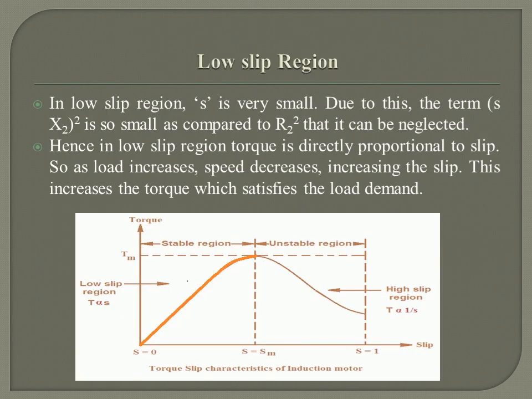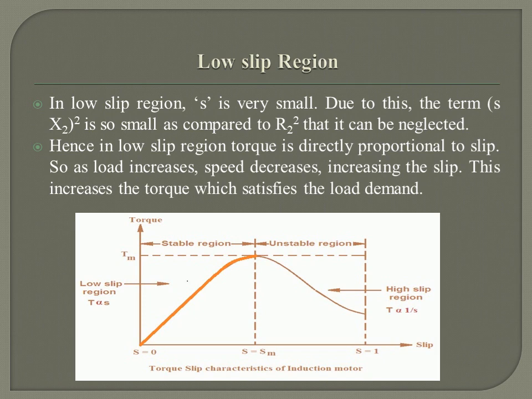So low slip region means what? Previously we had seen the equation, that is T = K s E2 square R2 upon (R2 square plus (s X2) whole square). In the low slip region the value of s is very small. So due to this the term (s X2) square is also small as compared to R2 square, so that can be neglected. If the denominator can be neglected, hence in the low slip region the torque is directly proportional to the slip.